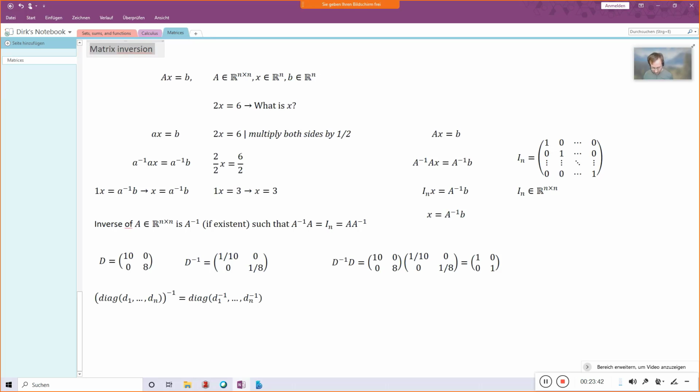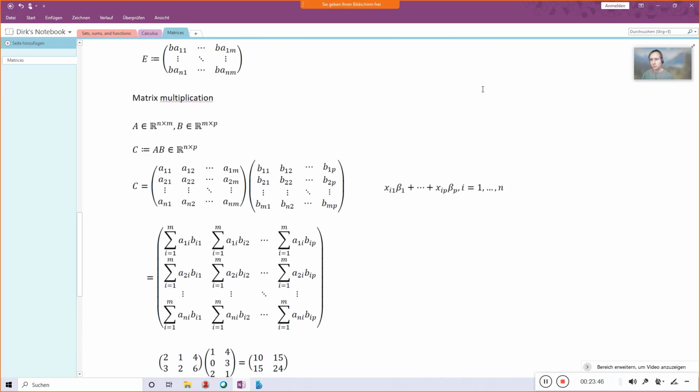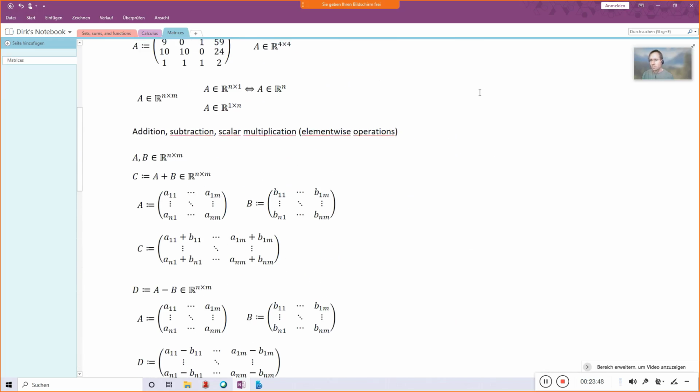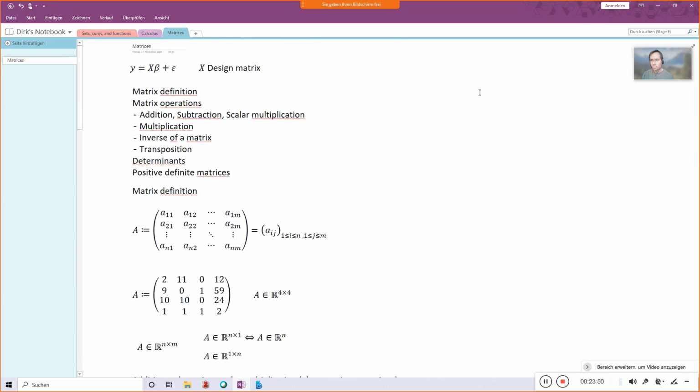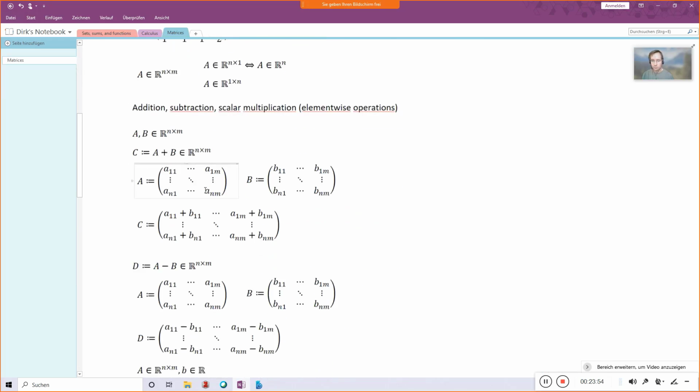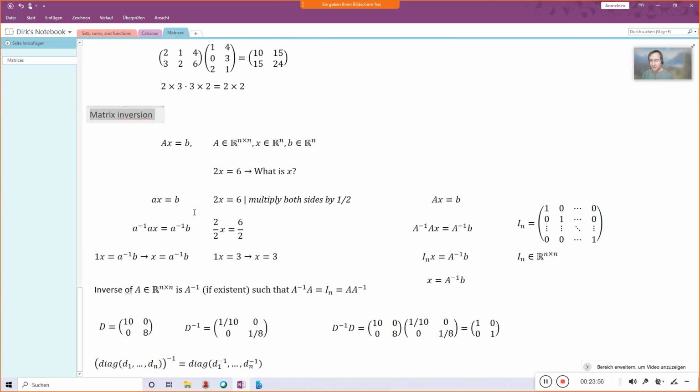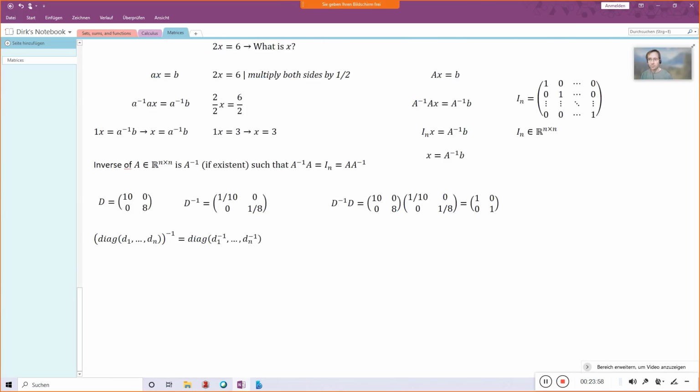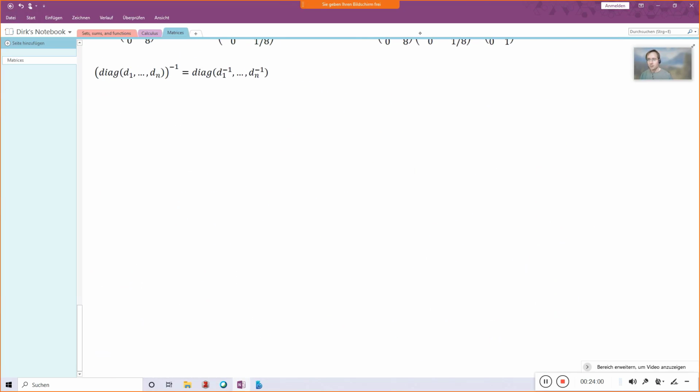Good. Then there are three little things that we will also need because they show up in formulas and are something that we need in our GLM theory. The next thing that we have is transposition, which is also a matrix operation.